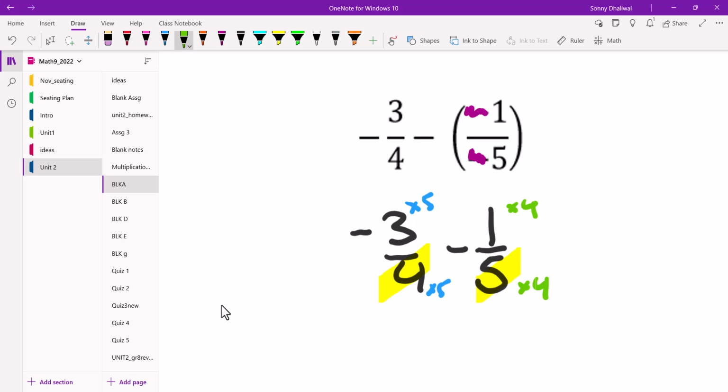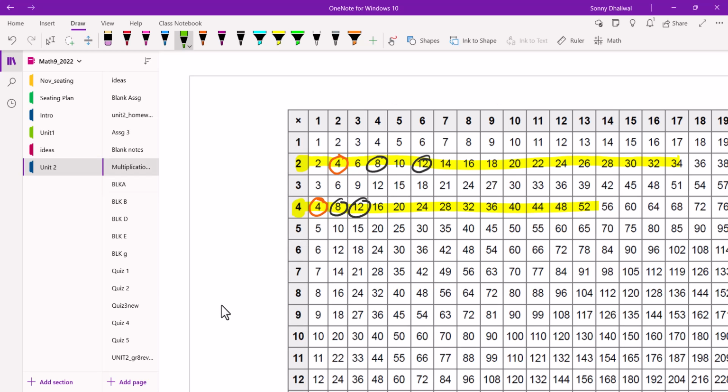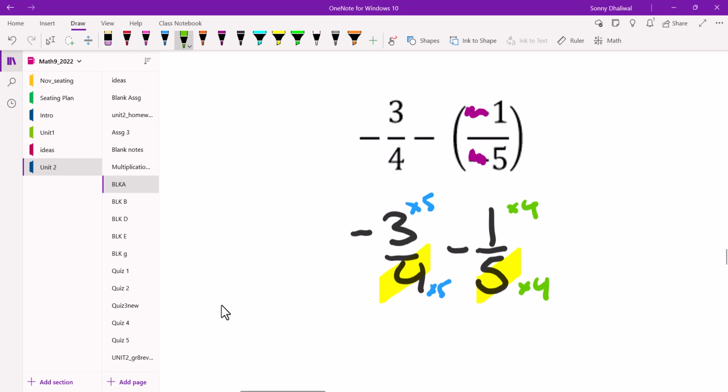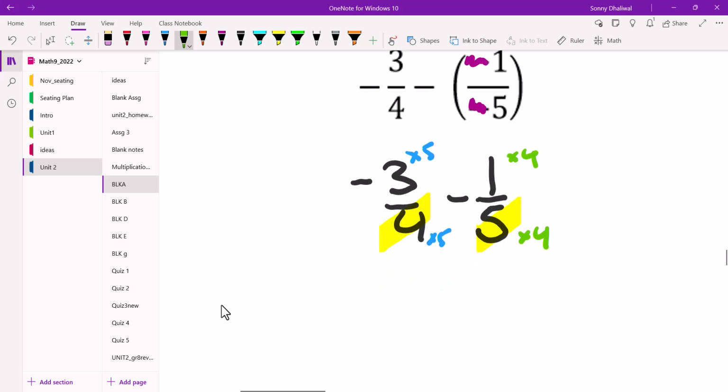If you're not sure where that came from, you can use your multiplication chart. Here's 4, here's 5, the common multiple, 20. 40 would also work. Going back, convert those. So this becomes negative 15 over 20. This one becomes minus 4 over 20.